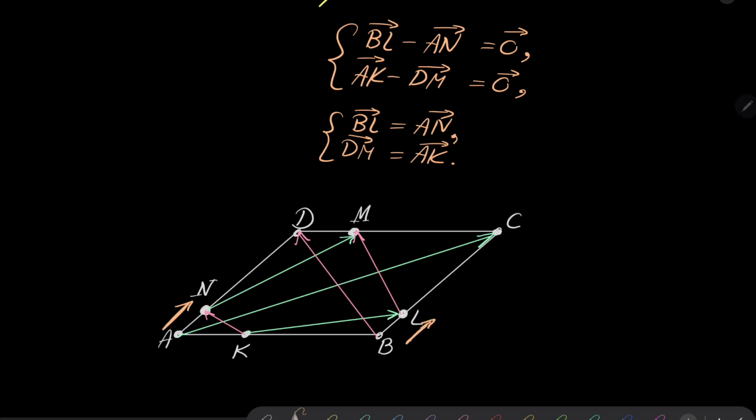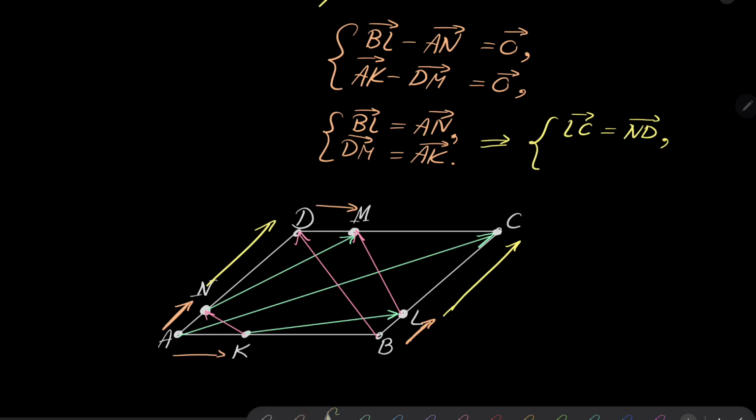Which means, of course, that these two vectors are also the same. So it is already implied that LC is the same as ND, and moreover, AK equals DM. These two vectors are the same, so these two vectors must be the same as well. So KB equals MC. All right.